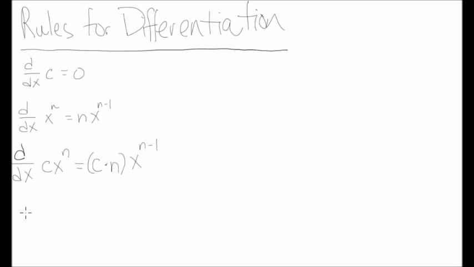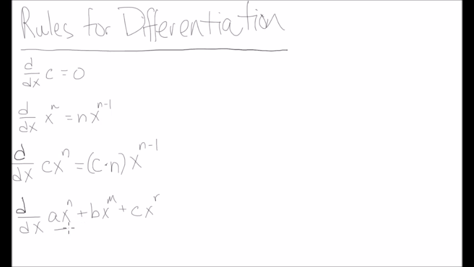The nice thing about polynomials is that if you're taking their derivative, they are simply a series of terms that look something like this. So if you have a polynomial that is added together, so I might have ax to the n plus bx to the m plus cx to the r, whatever it is.